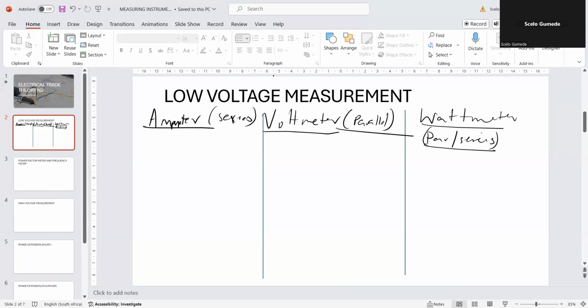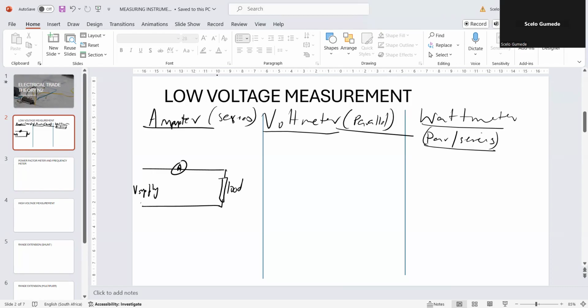Now, on a low voltage, here is our input, in this case we call it the supply. And then here we have a load. So our ammeter is just going to be there. That's why we're going to draw our ammeter there. The load, you can put a resistor to show a load.